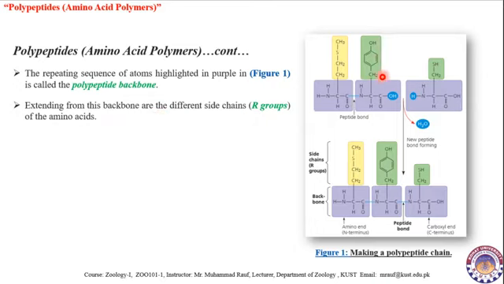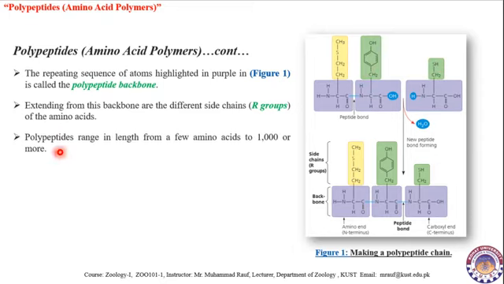These are the side chains, we have already talked about it, and they give characteristic properties to amino acids. Polypeptides range in length from a few amino acids to 1000 or more amino acids. So they can be large in size depending upon the number of amino acids involved.